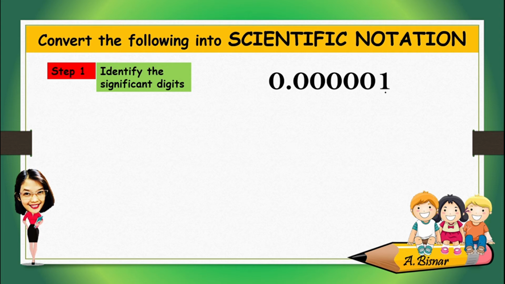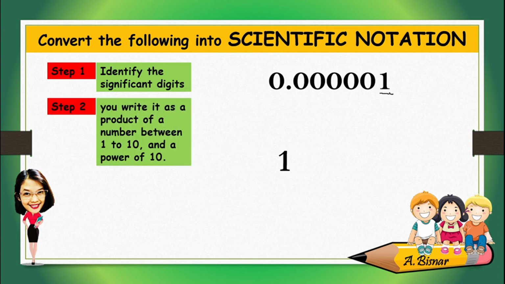So we only have 1 as our significant digit. For step 2, you have to write it again as a product of a number between 1 to 10 and the power of 10. So 1 is already a number between 1 to 10. So this will be times 10.